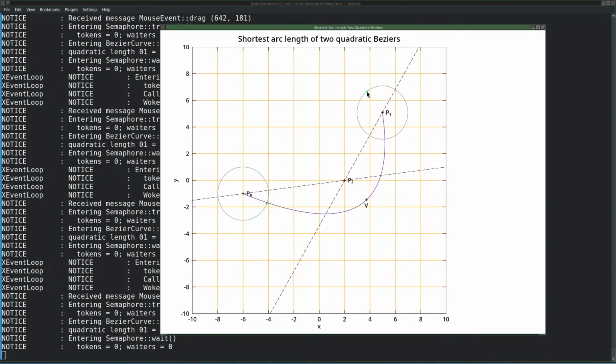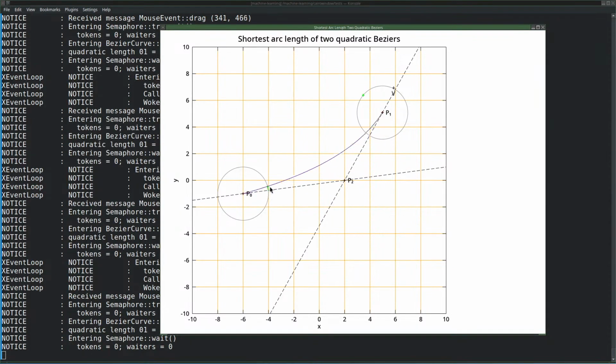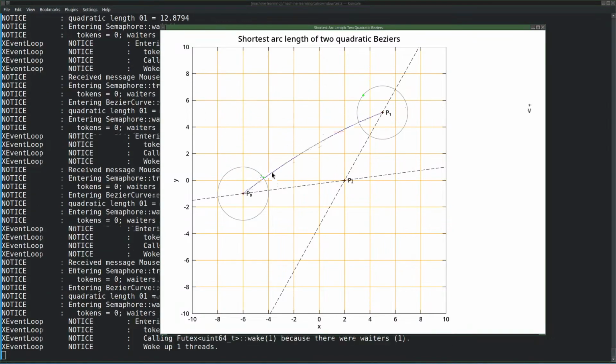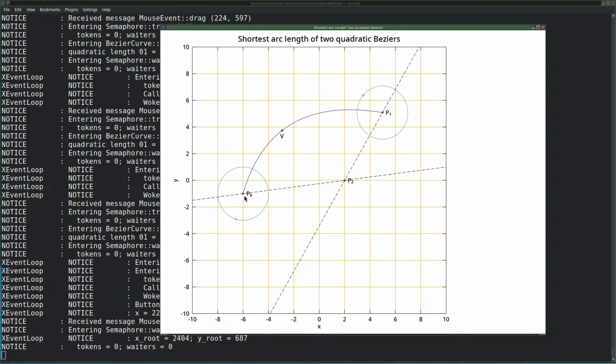Huh? What the hell? If I drag this one, it just changes. Of course, it should not happen, right? Yeah, it's really bad. It's really bad. And this is also bad. To go in that direction, but it goes in the opposite direction.